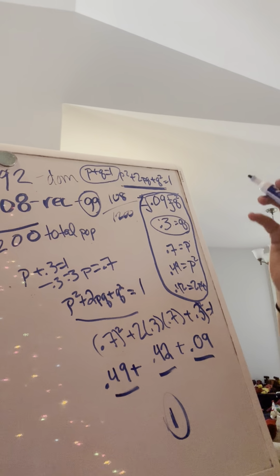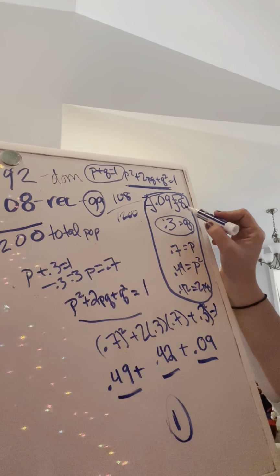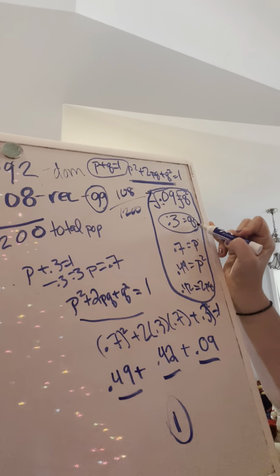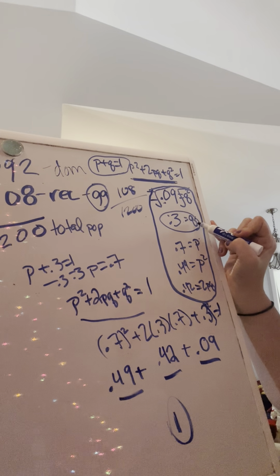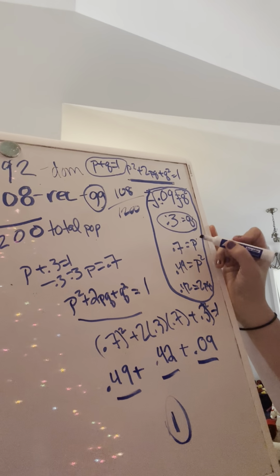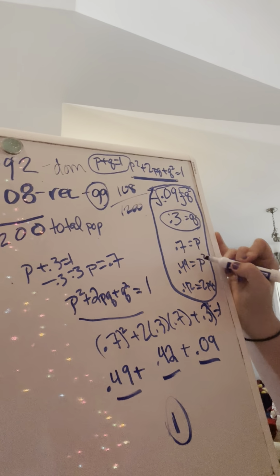So the frequency of Q squared, which is homozygous recessive, is 0.09. The frequency of Q, which is one recessive allele, is 0.3. The frequency of P, which is one dominant allele, is 0.7.